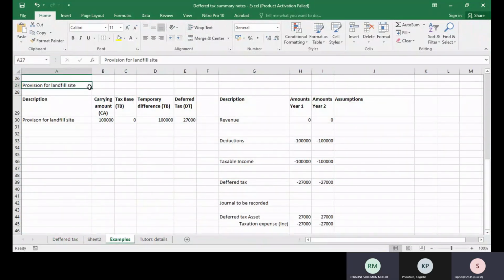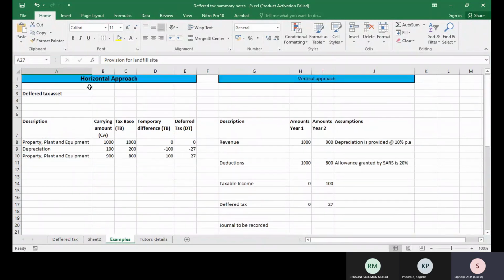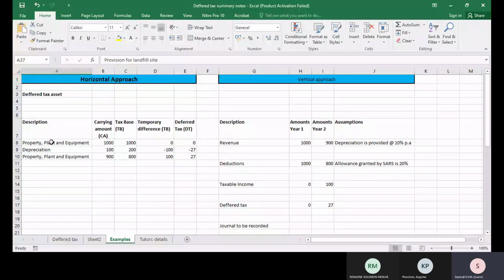So basically, there are two methods you can use for calculating deferred tax, right? There's a horizontal approach, and you'll see it in your textbook or your notes, and then there's a vertical approach. The horizontal approach is the one that we are used to, where basically you take the carrying amount, minus the tax base, and then you get the temporary difference, and from that the deferred tax.